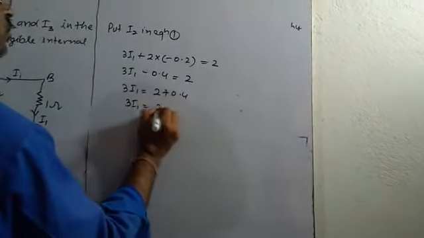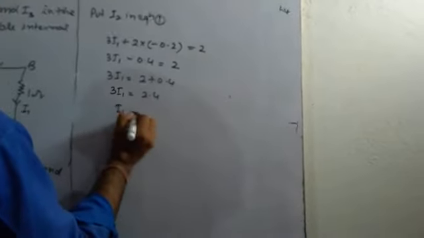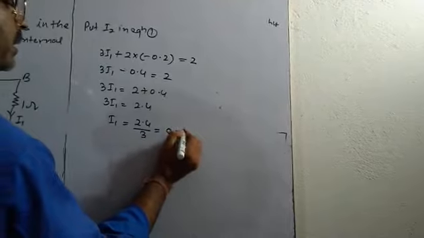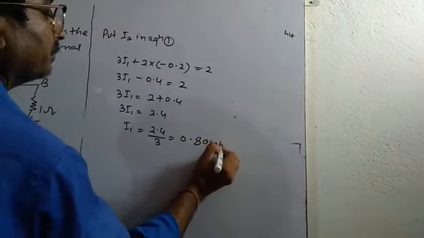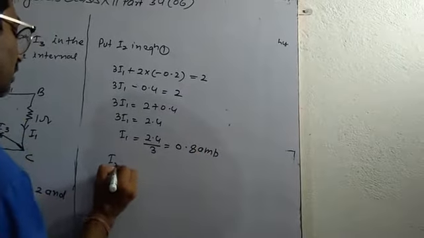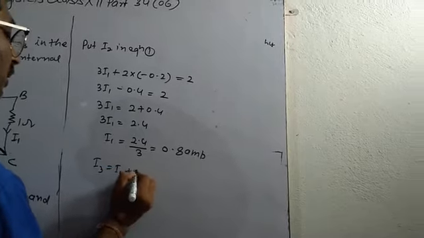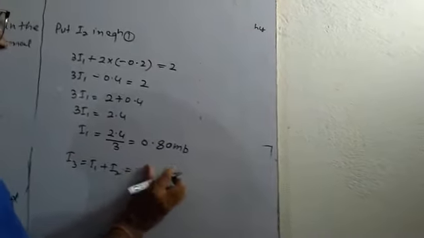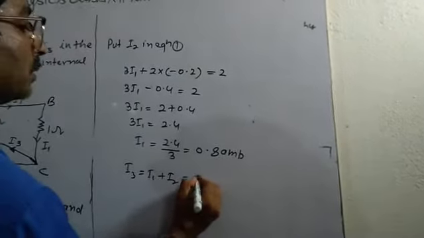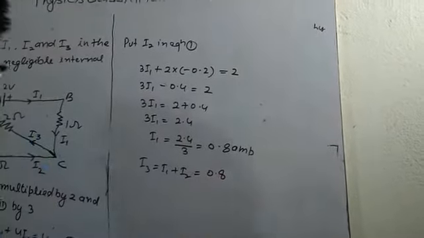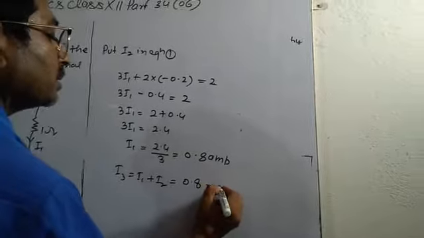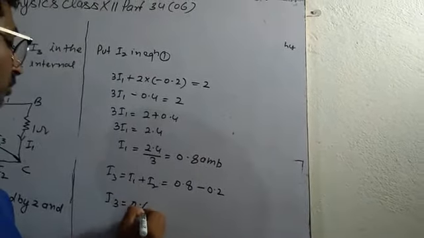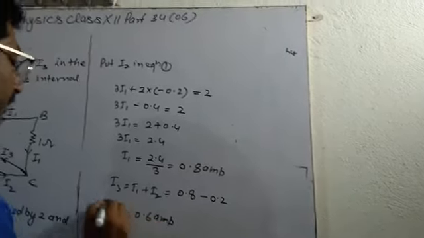I1 equals 2.4 divided by 3, 0.8 ampere. I3 equals I1 plus I2, 0.8 minus 0.2, so I3 equals 0.6 ampere.